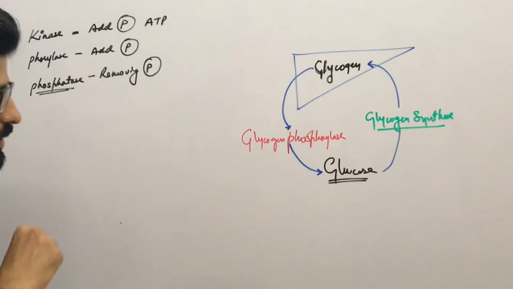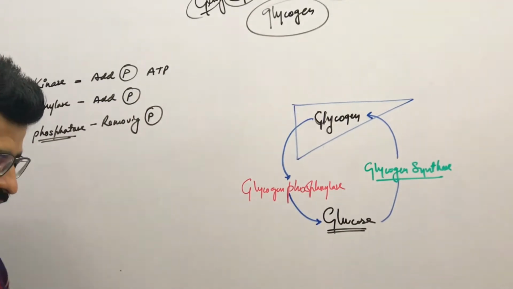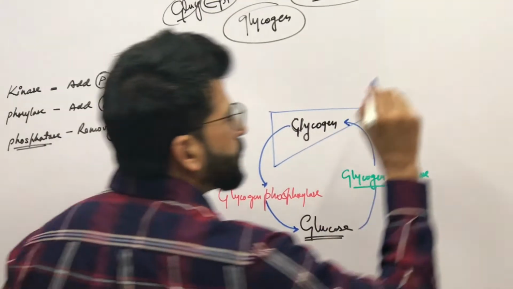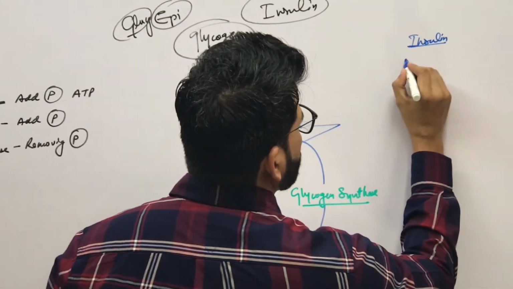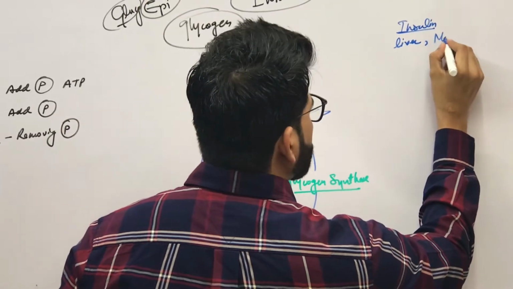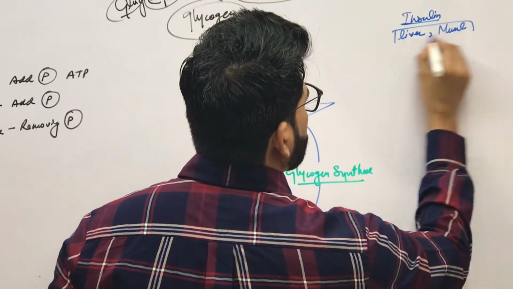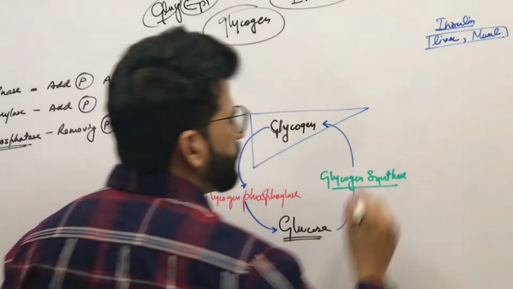What is the role of insulin? So we start with insulin first and then we will go to glucagon and epinephrine. Now insulin, the receptors of insulin are present on the liver as well as the muscle. So when the insulin acts on them, what is it helping?